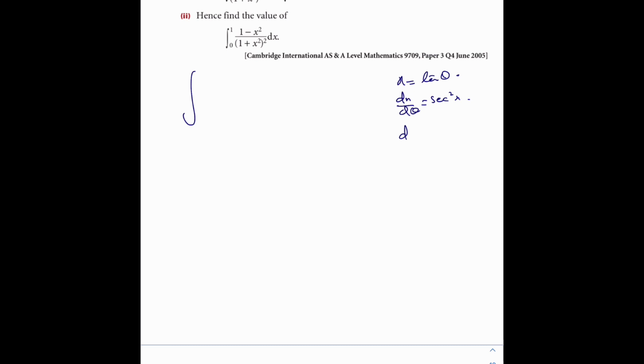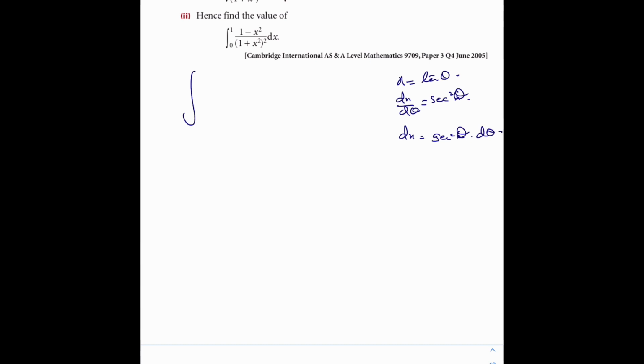So dx is going to be sec square theta d theta.